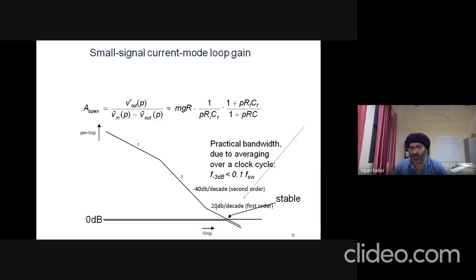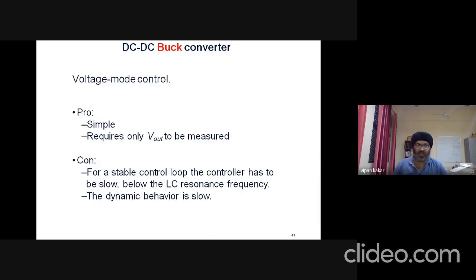So just by including this integrator inside a buck converter, we have converted this minus 40 dB slope into a stable one. By inserting an integrator in a buck converter, we can make the system, unstable at high frequencies, stable. So the integrator is a key component in this one.